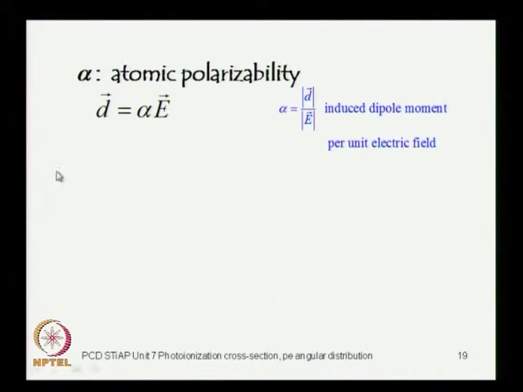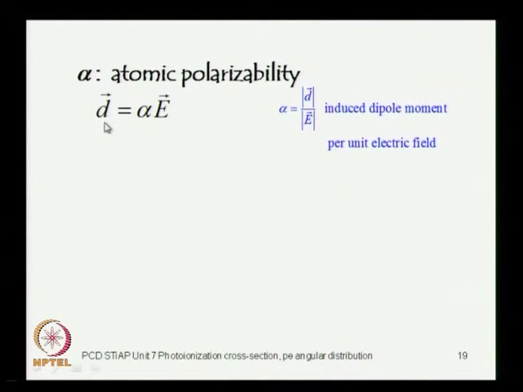So, let me use the definition of atomic polarizability. So, what is this? This is the induced dipole moment per unit electric field, right. So, you have got a dipole moment, you divide it by the electric field which causes it.